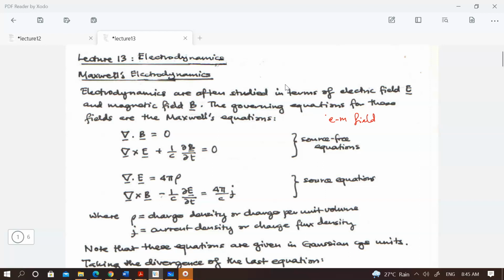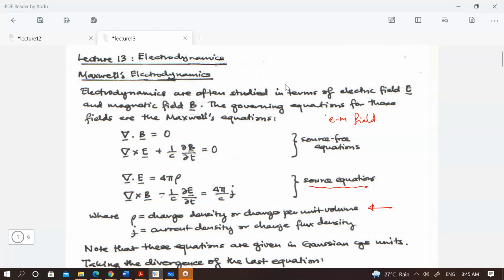If there's charge, then on the right hand side you write 4 pi rho, where rho is your charge density. This talks about the source of the electric field, so we call this a source equation.